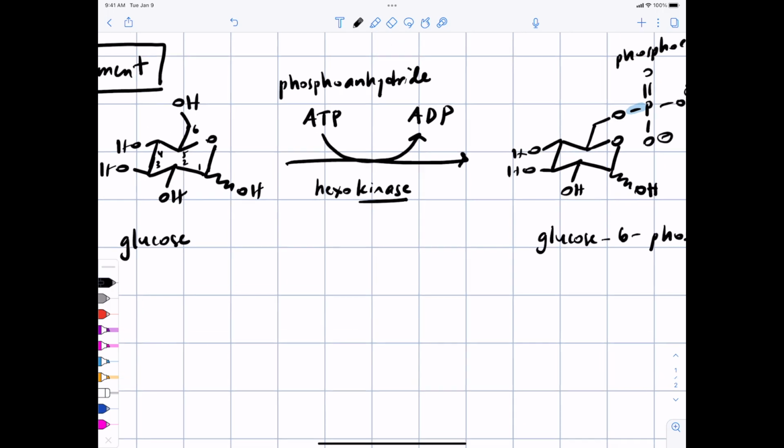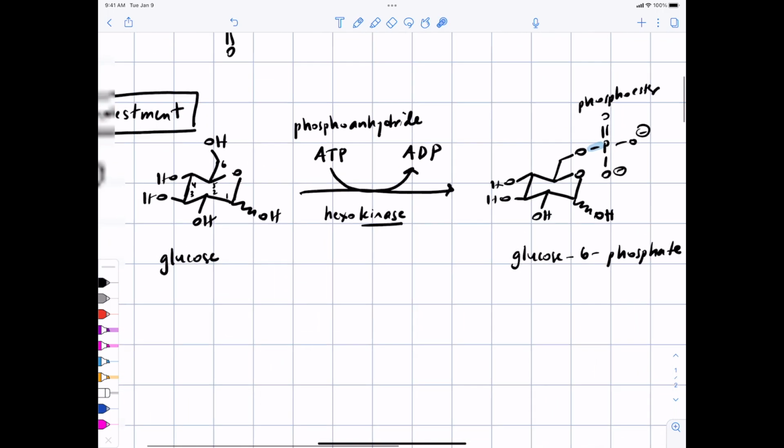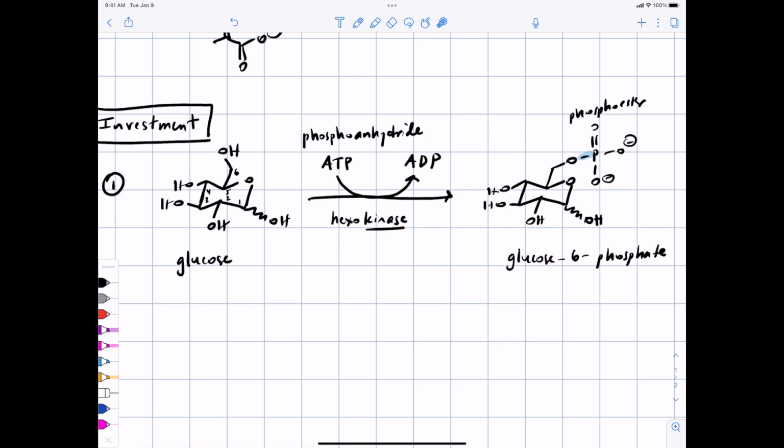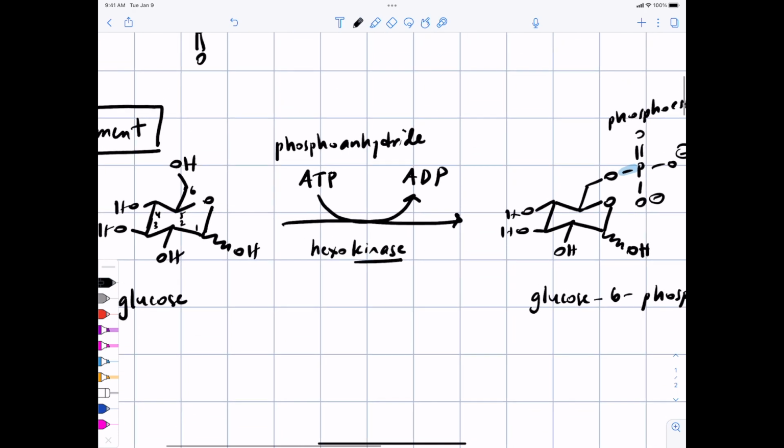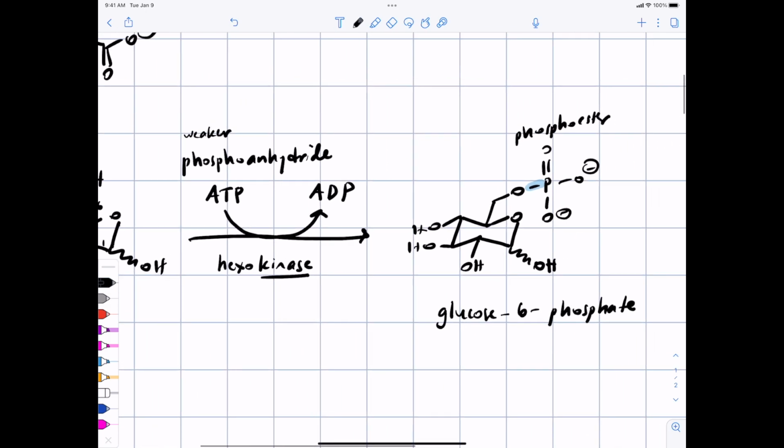So this hexokinase catalyzes reactions where you transfer phosphate groups from ATP. This is downhill in energy, as you might expect, because you're replacing a weaker phosphoanhydride bond with a stronger phosphoester bond.